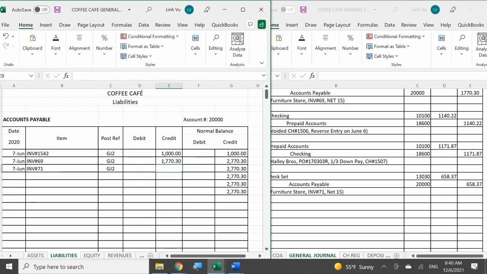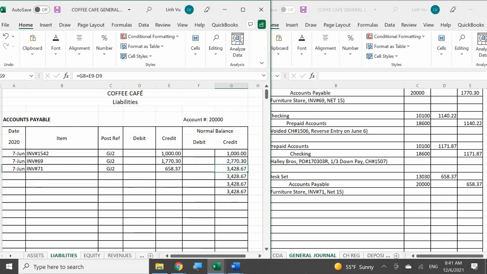And this time we credited for $658.37, which is going to increase my amount to $3,428.67. So we finished the journal. We finished updating all of our ledger accounts.